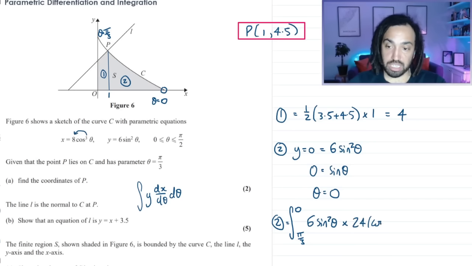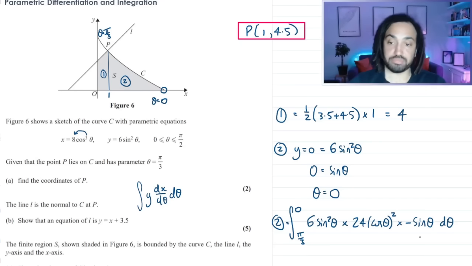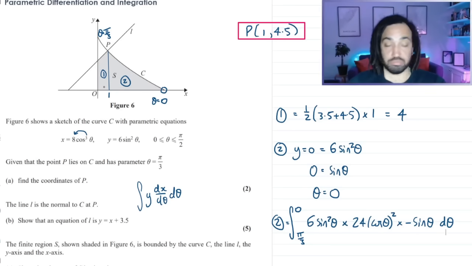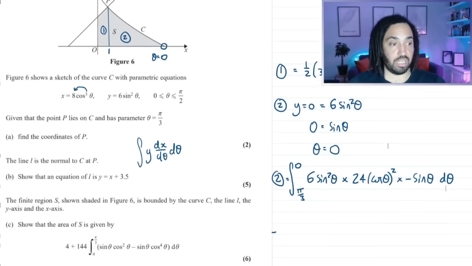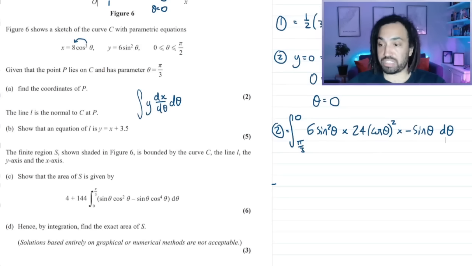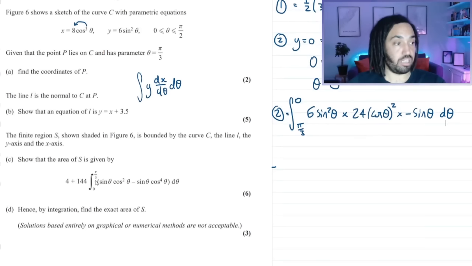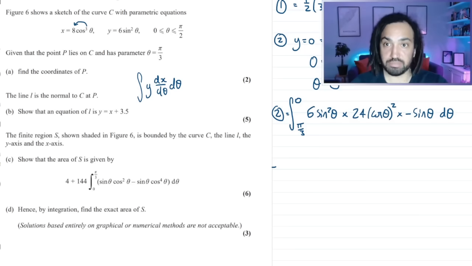We kept the cos the same, but we dropped the power down by 1, and then we multiplied by the derivative of the bracket, which is minus sine theta, and then that is d theta. Okay, so there it is. That's what we need to simplify, and we need to make it look like this, because we've already got the plus 4 from region 1, so we just need it to be the same as this, hopefully.